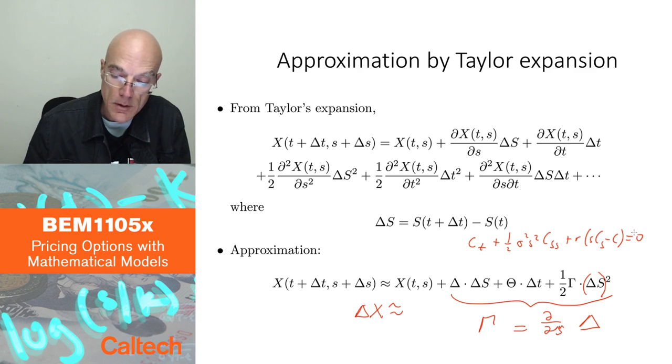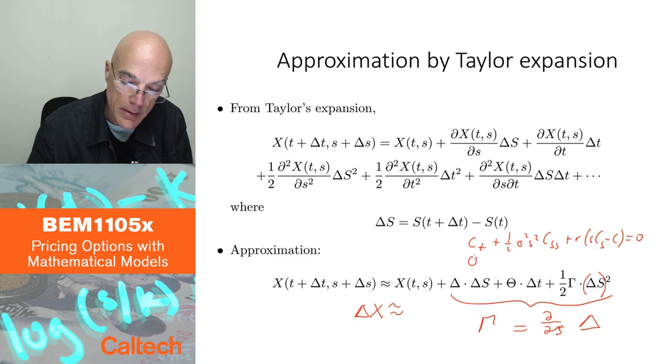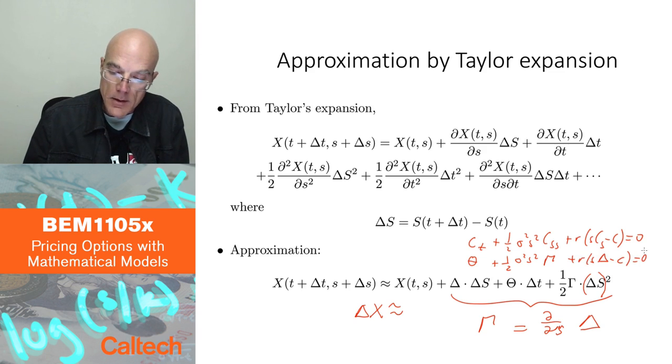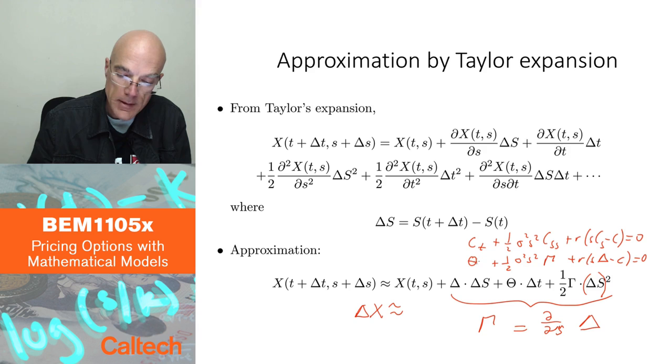This gives you a relationship: C_t would be theta, plus 1/2 sigma squared S squared, this would be gamma, plus r S, this would be delta, minus r C equal to 0. So if I fix theta and gamma, then I can compute what delta is.